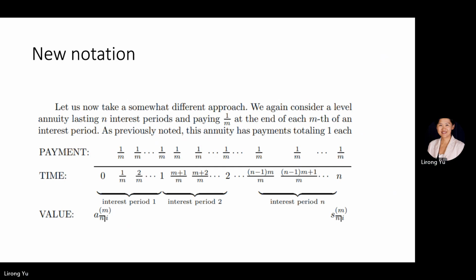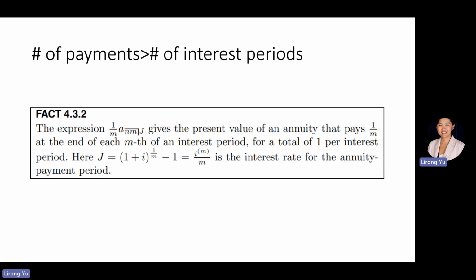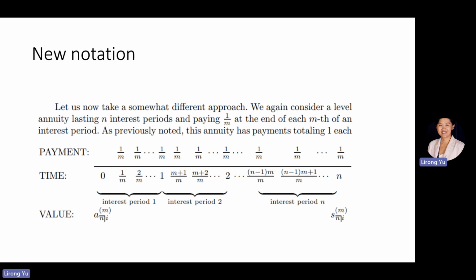Okay, so if we want to streamline the calculation, we're going to look at how to represent things with an easier notation, and that's what we're talking about. So in this case, the n represents the number of interest periods, as it was in the last section.